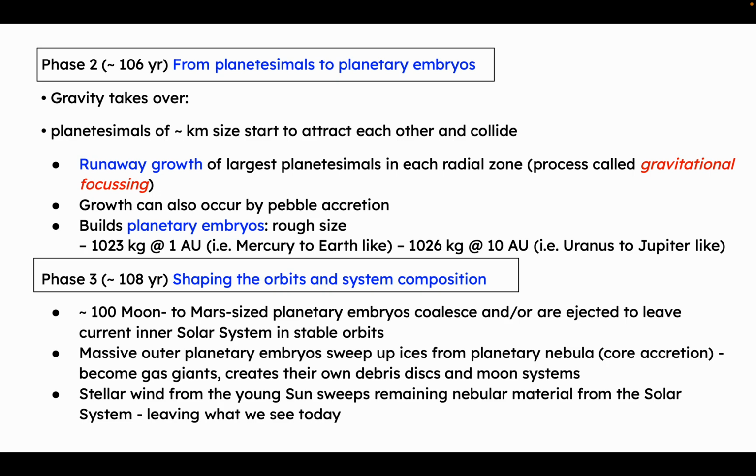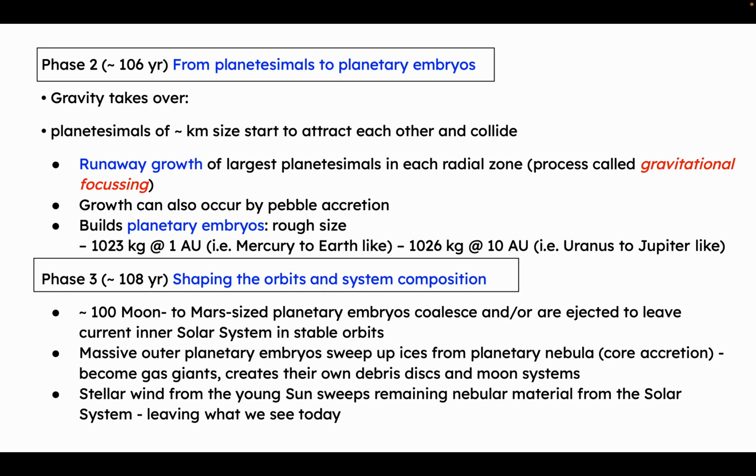And phase 3 lasts for 10 to the power 8 years. It shapes the orbits and the system composition. About 100 moon to Mars sized planetary embryos coalesce, and they are ejected to leave the current inner solar system in stable orbits.